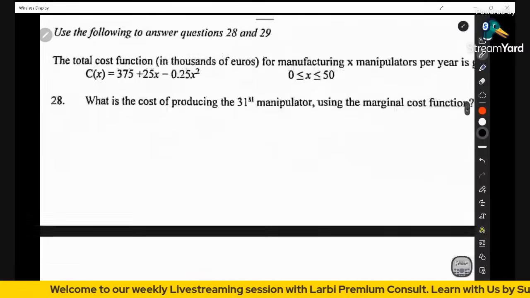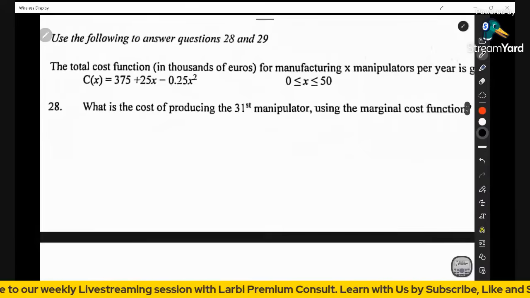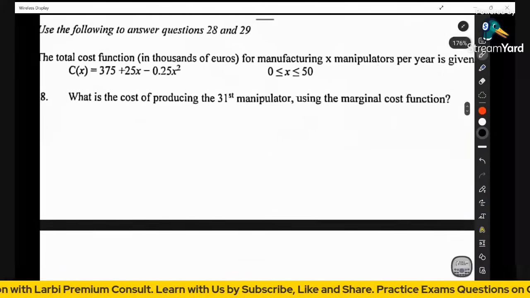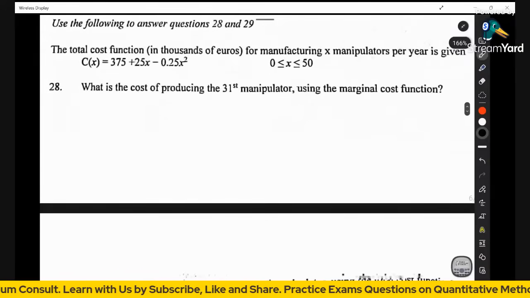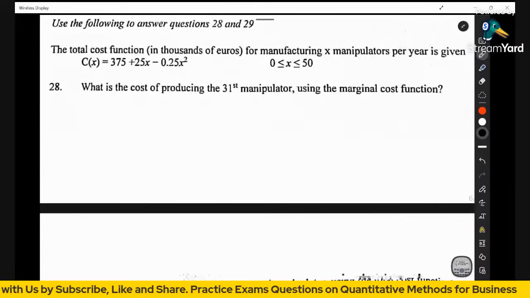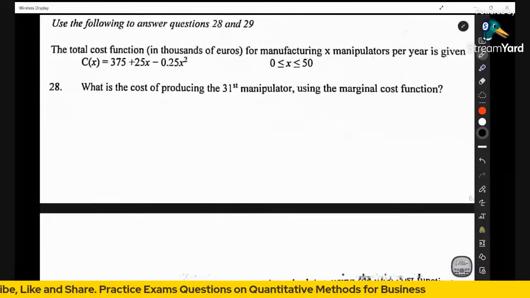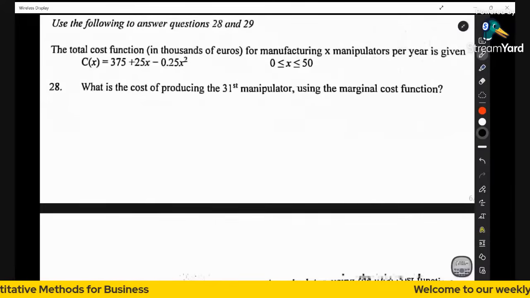Question number 28. We are asked to use the information to answer questions 28 and 29. The total cost function in thousands of euros for manufacturing x manipulators per year is given. So this is the cost function: 375 plus 25x minus 0.25x squared.